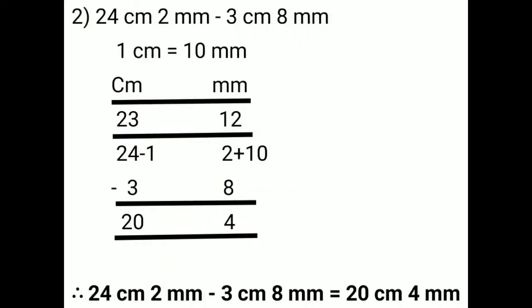Sum number 2: 24 centimeter 2 millimeter minus 3 centimeter 8 millimeter. We'll first write 1 centimeter is equal to 10 millimeter and then carry on with the subtraction, where we realize that we can subtract 3 from 24, but we cannot subtract 8 from 2, for which we'll have to borrow 1 centimeter from 24 and add it as 10 millimeter to 2, which will give us 23 centimeter and 12 millimeter.